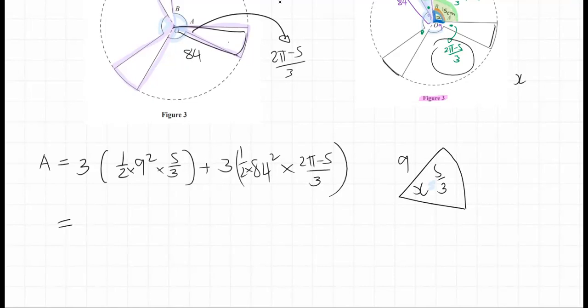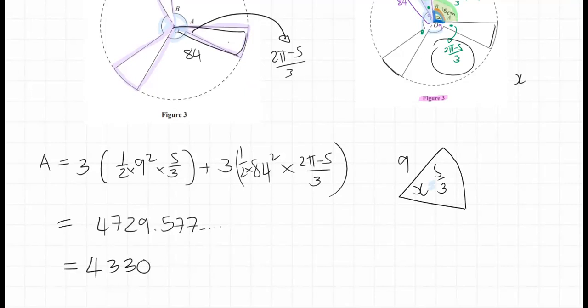All of this in the calculator. We end up with 4729.577 and so on. Right. It asks for 3 significant figures. So we have 4730 rounded, and the 3 significant figures are there.